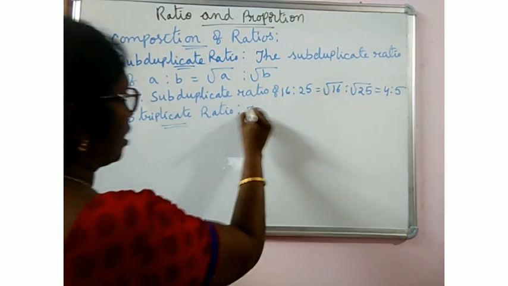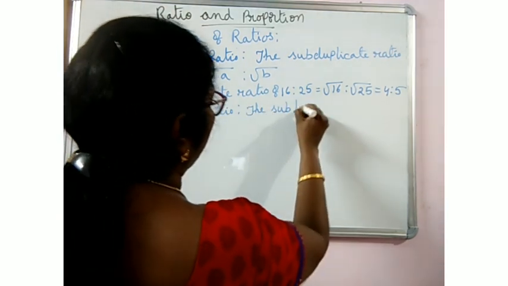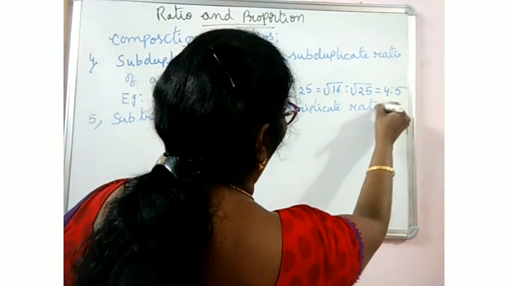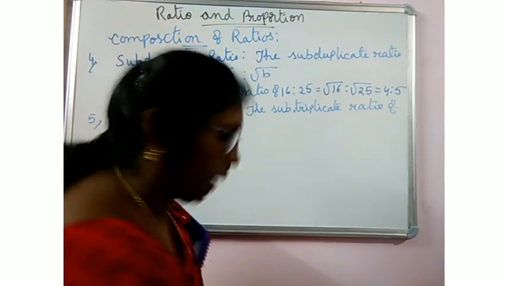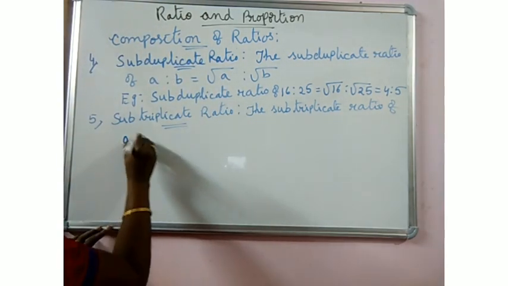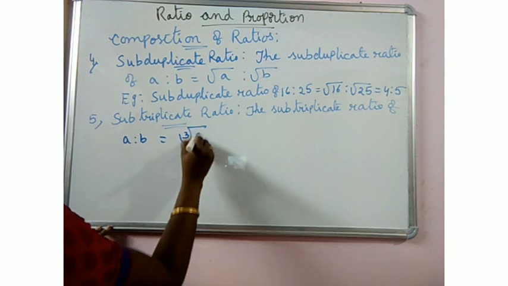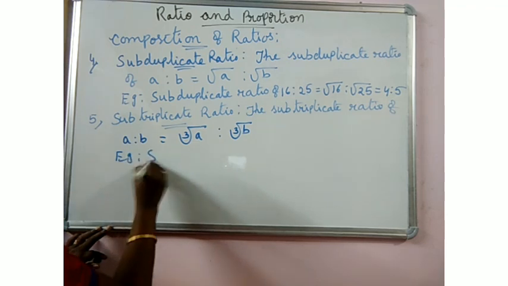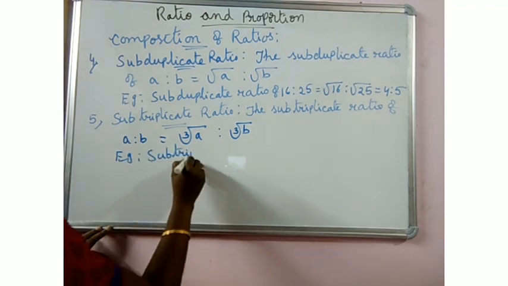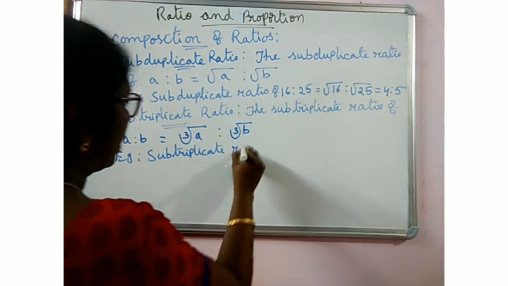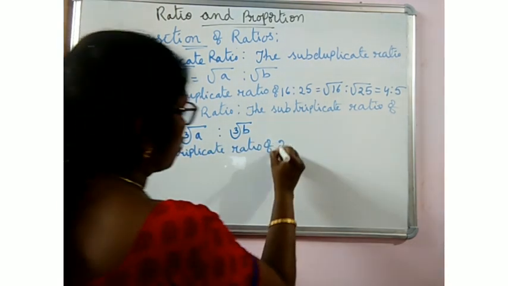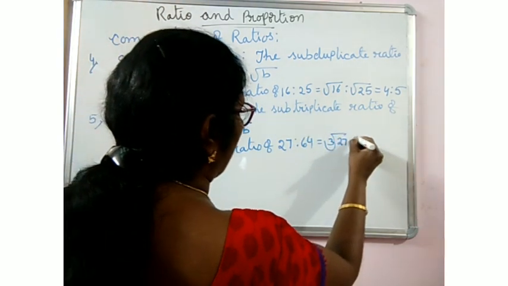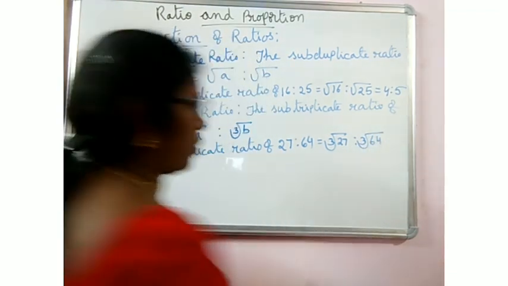The subtriplicate ratio of A is to B is cube root of A is to cube root of B. Example, subtriplicate ratio of 27 is to 64 is cube root of 27 is to cube root of 64.